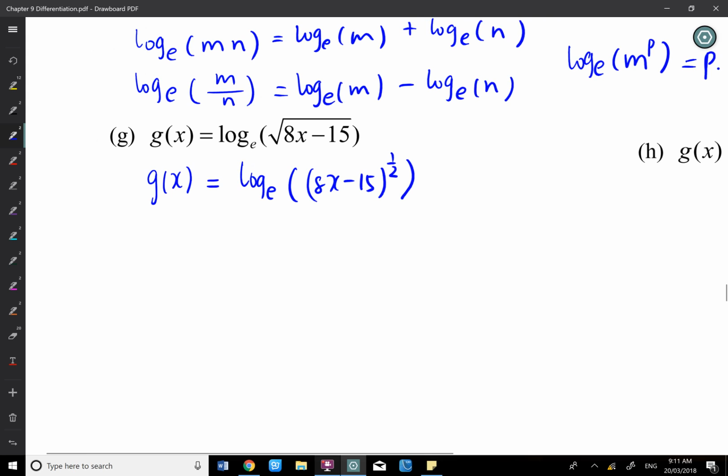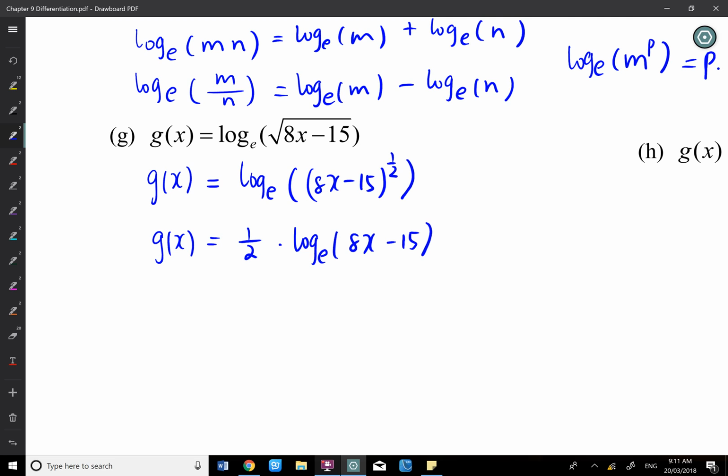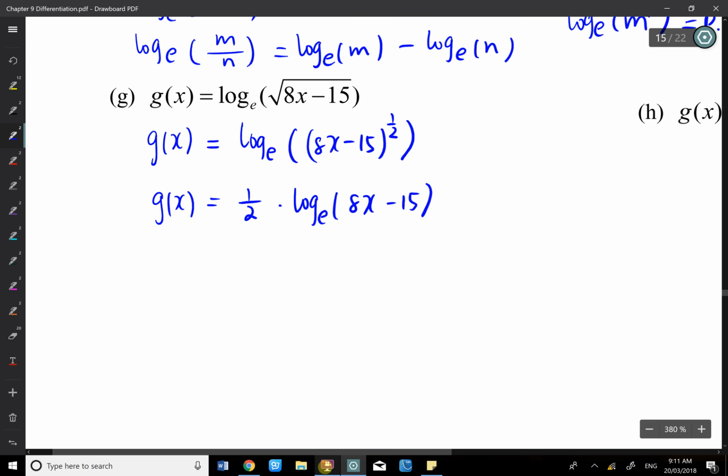The third one. So g(x) becomes a half times log e of 8x minus 15. Let's see how easy it is to derive. g dash x equals a half times the derivative of log e of 8x minus 15.